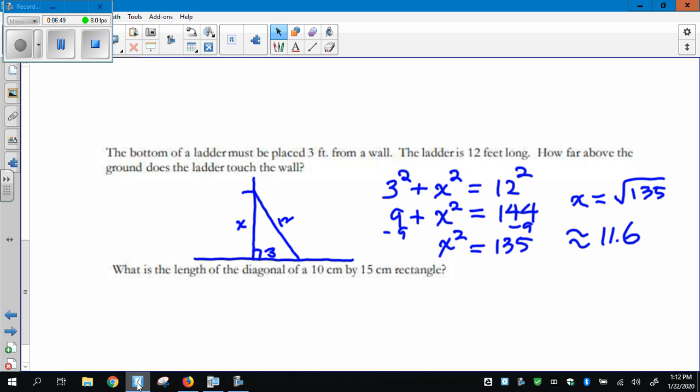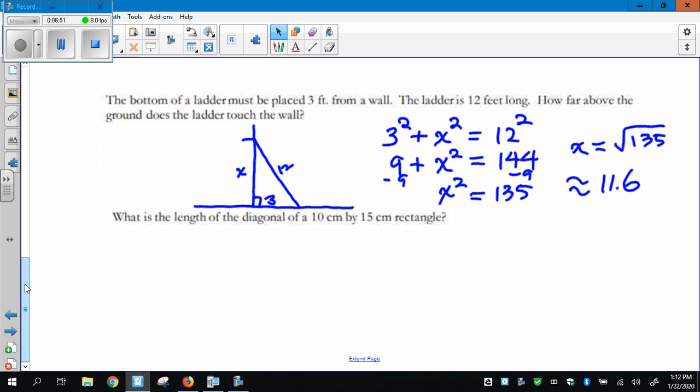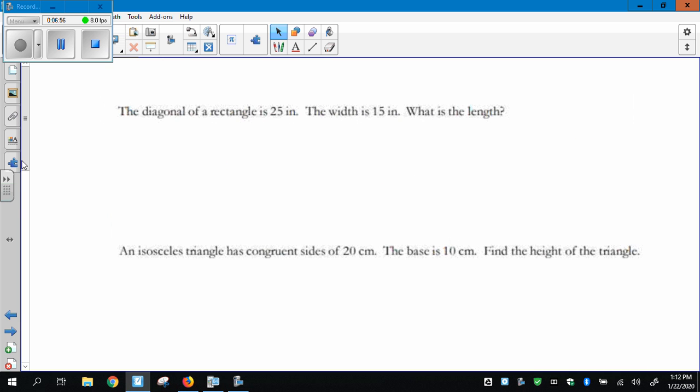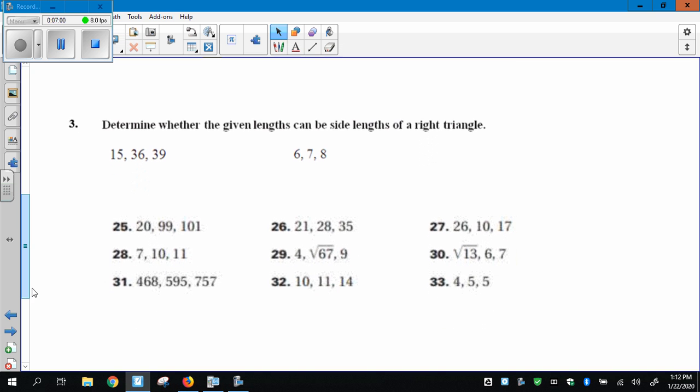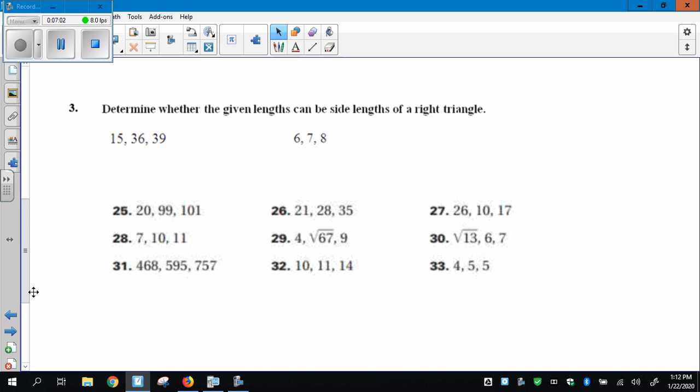Okay. We're going to do one more type of problem here, and then you can finish them up. I want to do number 3. We want to determine whether the given lengths can be the sides of a right triangle. If it's a right triangle, then a squared plus b squared has to equal c squared.